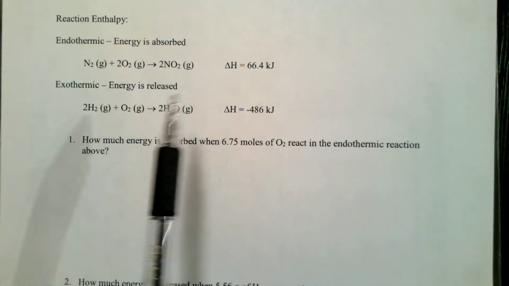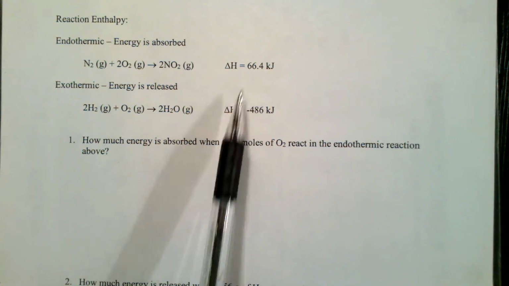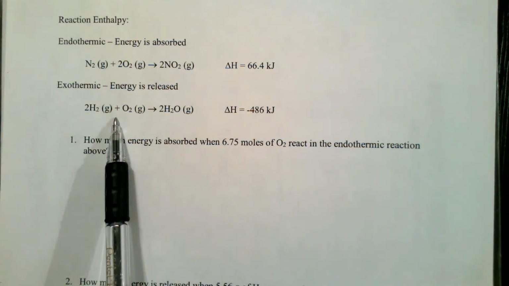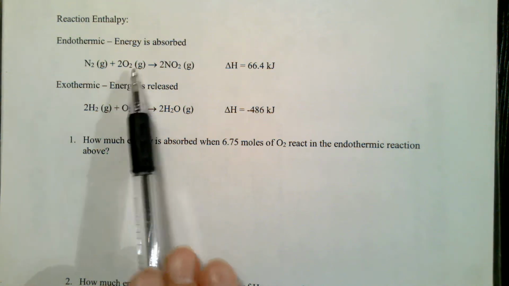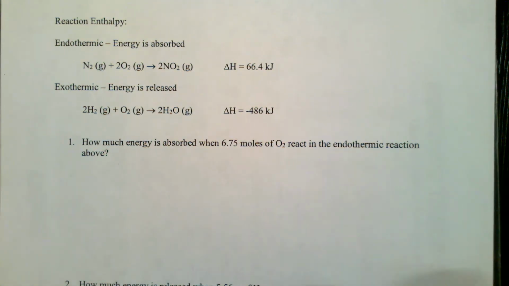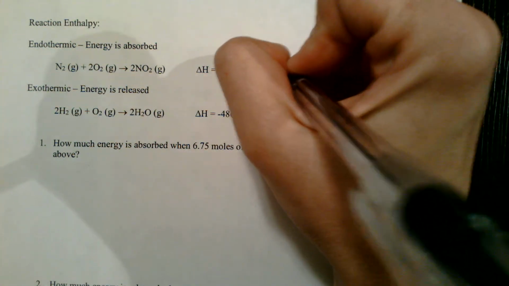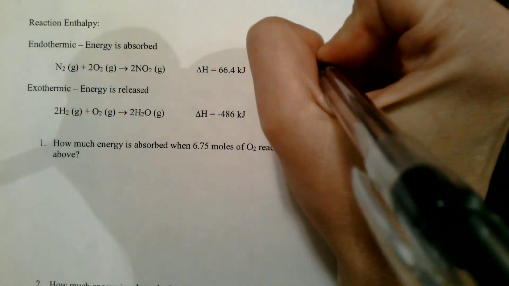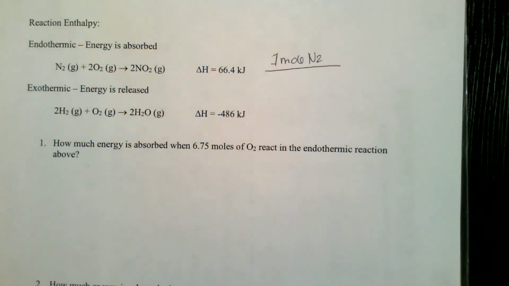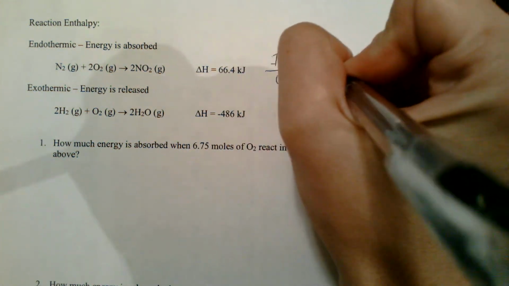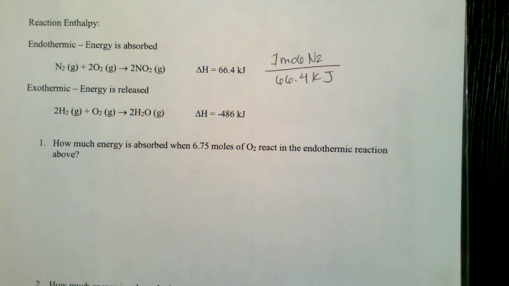Okay, so how this works is this energy is specific to the coefficients of this reaction. So we can build a mole energy ratio. So that's what we're going to do here to start. So for example, for every 1 mole of N2 that reacts, it requires 66.4 kilojoules of energy to react.